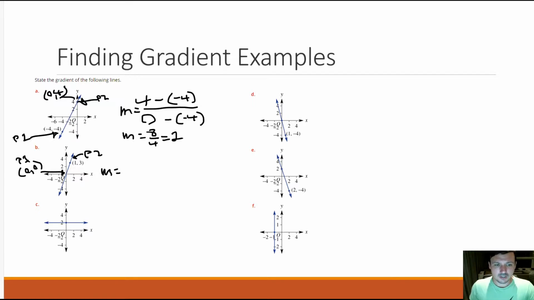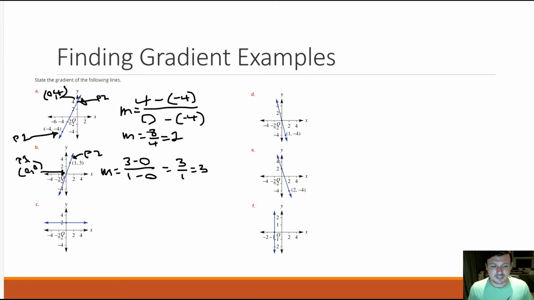So we're going to go y2, which is 3, minus 0, which is y1. Then x2, which is 1, minus 0 for the second part. So we end up with 3 over 1, which gives us 3. So as long as we put our numbers in the right spot, we're not going to have too much issue here.